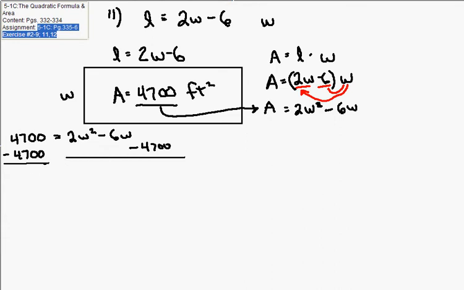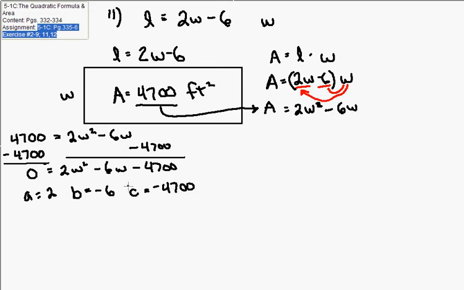Okay? So this goes to 0. Here we have 2w squared minus 6w minus 4,700. Keeping in mind the a's, b's, and c's of a quadratic equation, our a in this situation is equal to 2, our b is equal to negative 6, our c is equal to negative 4,700.